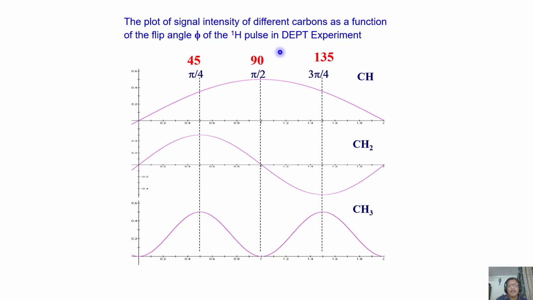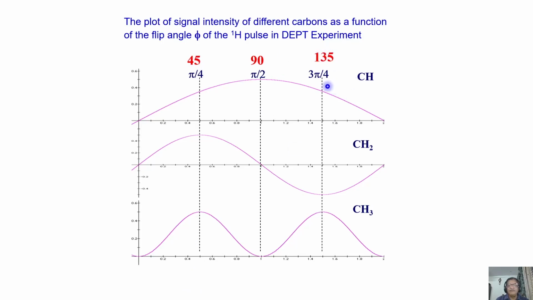So are you identified? When you use DEPT 90, you identified only CHs. In DEPT 135, find out all the peaks with negative intensity, negative peaks. Then you know that there are CH2s. So do this experiment and this experiment. Then you can identify the leftover peaks. Those are CH3 peaks. Because in DEPT 45 all are positive.